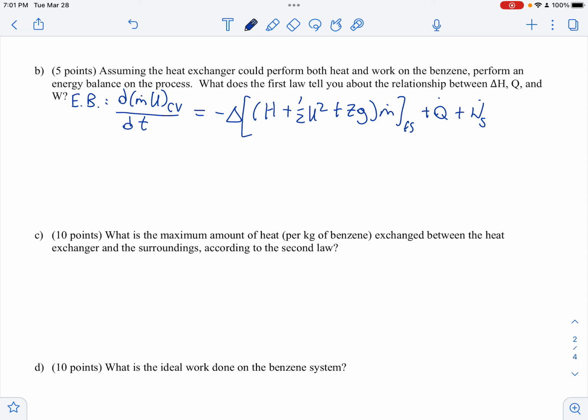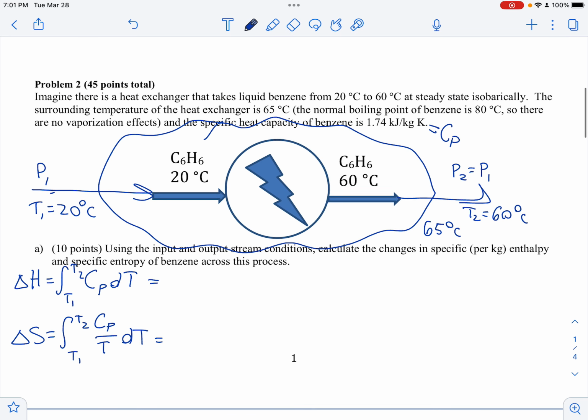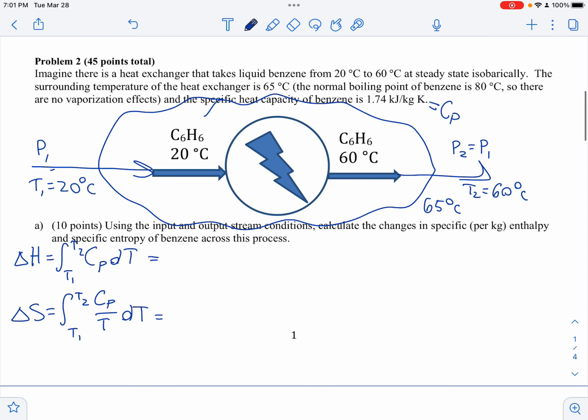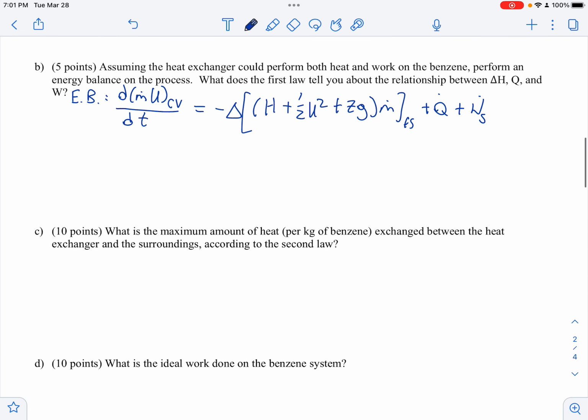Well, we are assuming steady state. Does it actually say that? No, but there's also no indication of a time dependence. So I think steady state is a safe assumption.